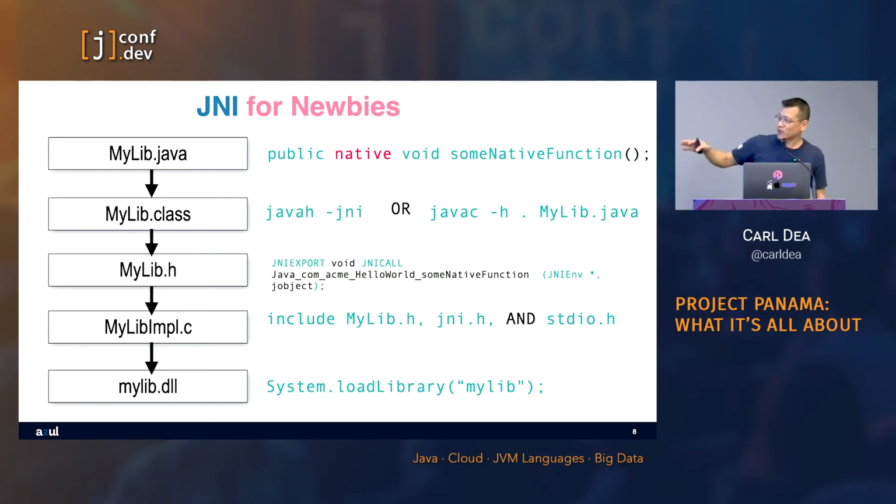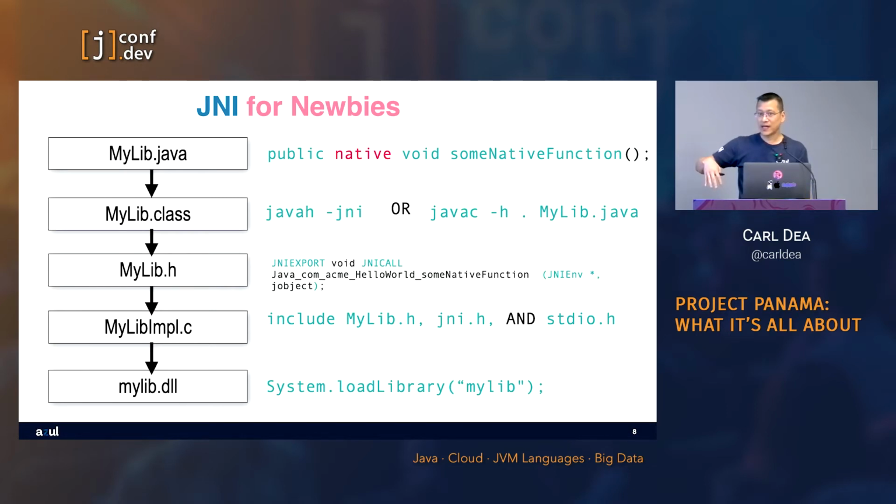So afterwards, when you compile this, you will then get an artifact for that platform. If you're on Windows, you'll get a DLL file. And there's a naming convention. So for instance, if you're on Linux, it'll say mylib.so.